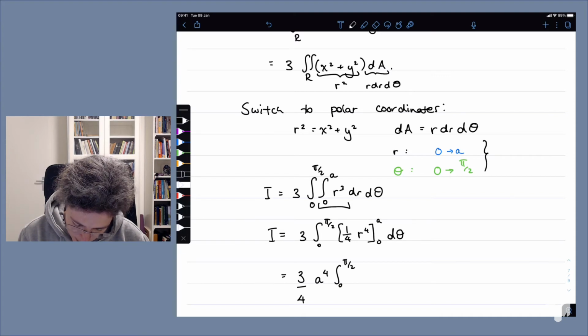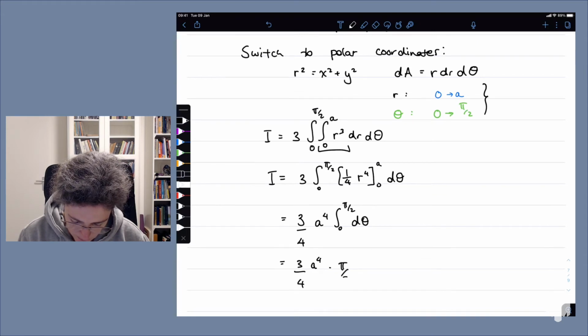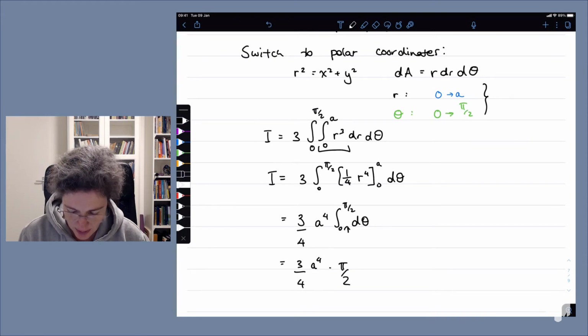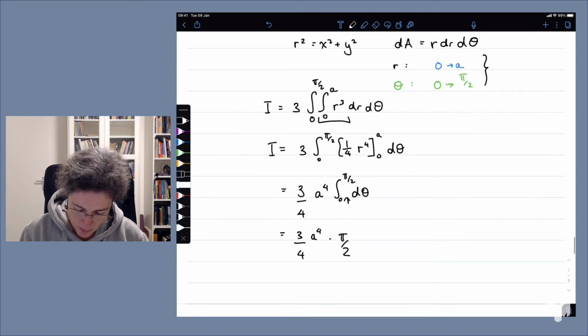Now I've just left integrating d theta. So finally that's 3 over 4 a to the 4 times pi over 2, because when I integrate this, I just get theta, and it's going to be pi over 2 minus 0. So if I put that all together nicely, I get 3 pi a to the 4 over 8.